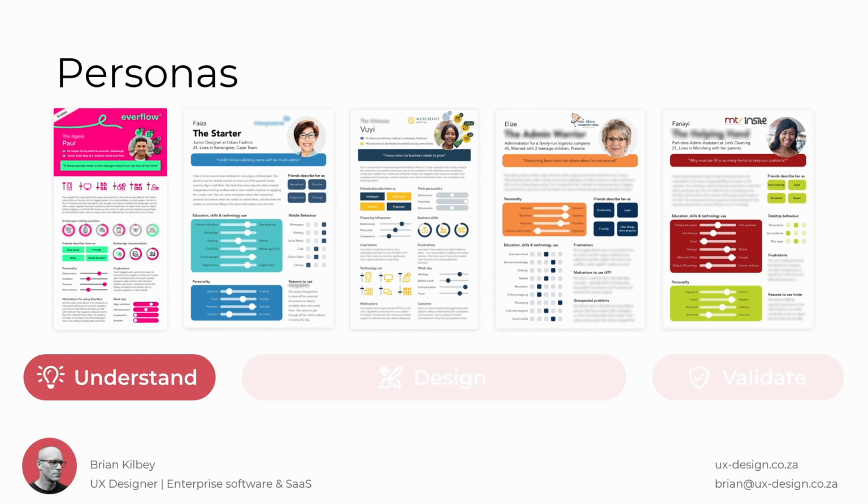A very important and useful way of rounding out that user research, or even if we're not able to do user research, is to do the best we can to develop personas based on existing knowledge of users.